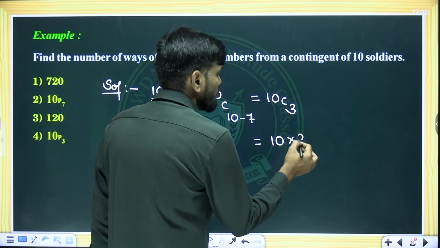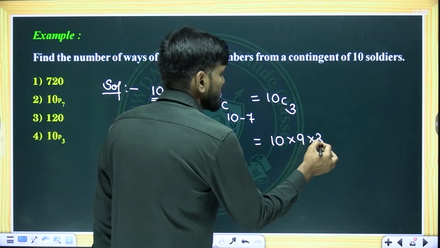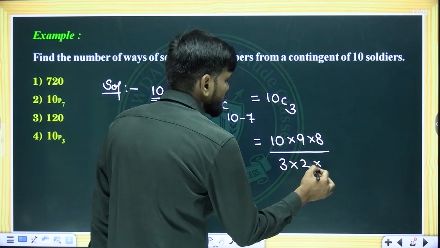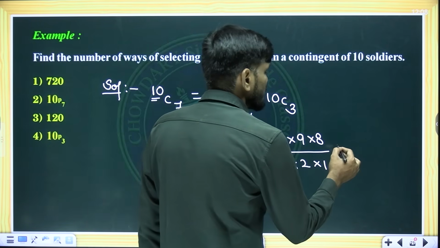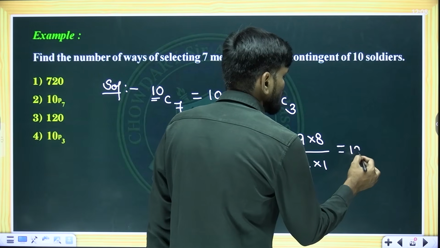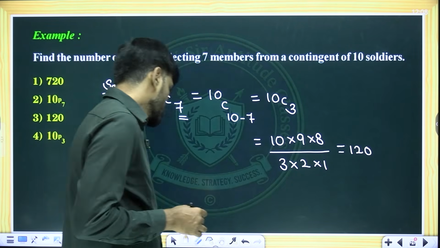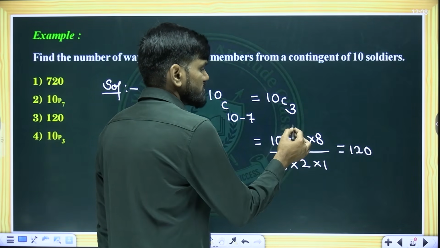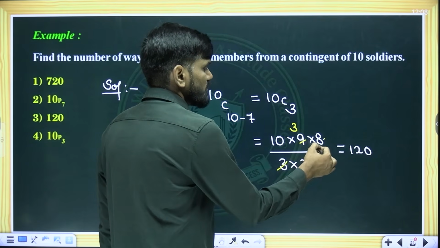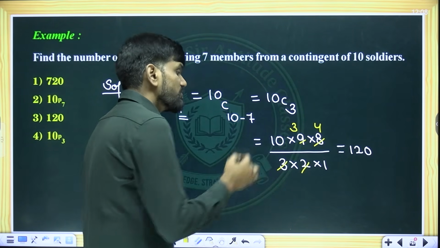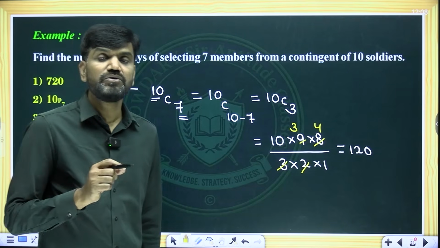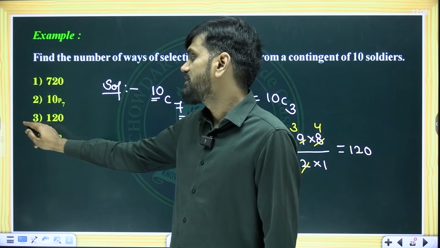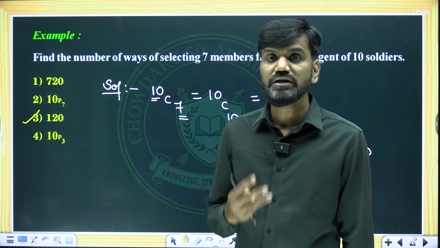Start with 10, write 3 numbers in the numerator, and starting with 3, go down to 1 in the denominator. On simplification, the result is 120. How did you get it, sir? Let me show you. 3 3s are 9, 3 4s are 12, and 12 into 10 will give you 120. Hence your answer has to be 120, and that should be option 3.